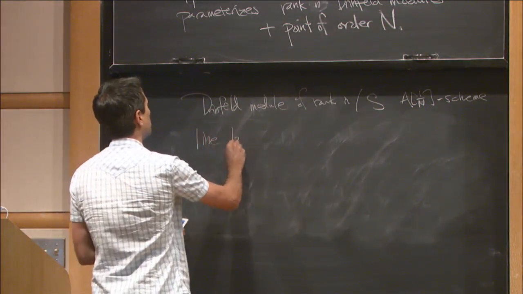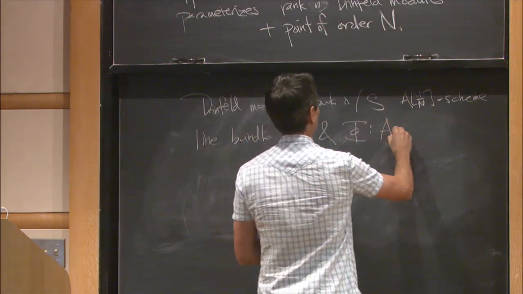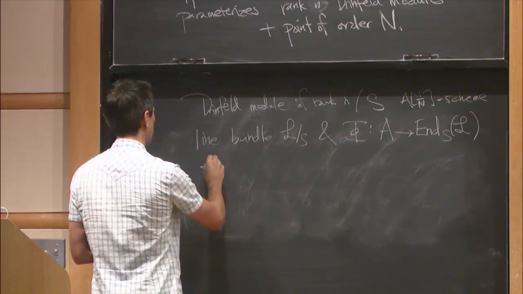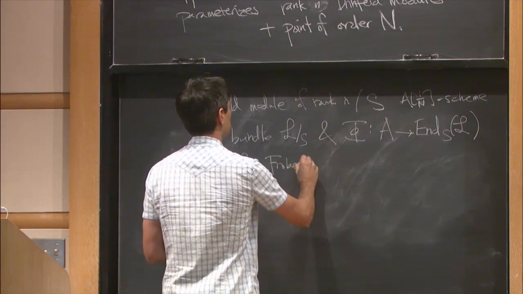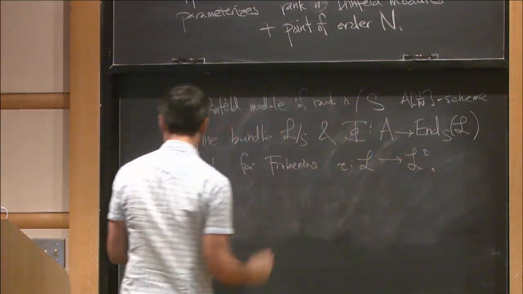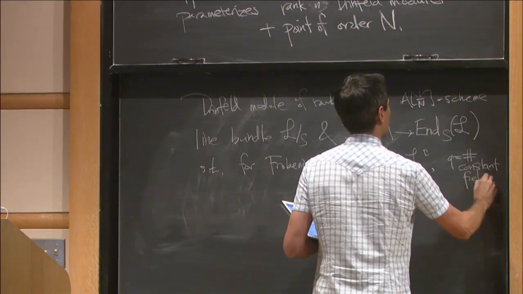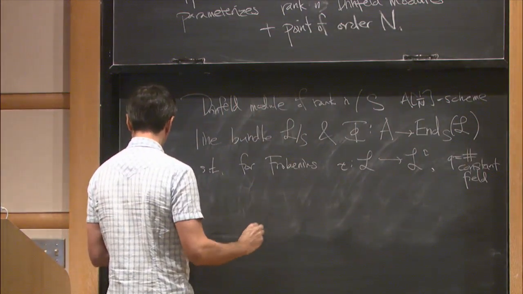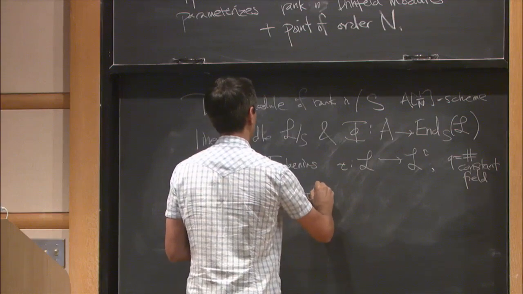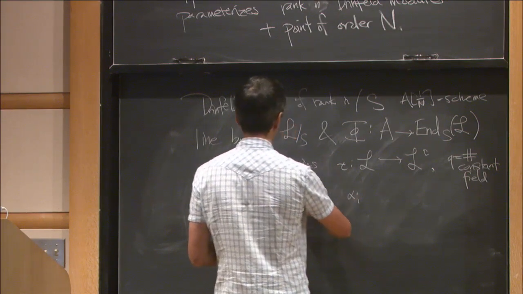So it's a line bundle and a homomorphism from A to the S endomorphisms of L, such that for the Frobenius, which we view as a map from L to L to the Q, where Q is the order of the constant field of F, then phi of a can be expressed as a polynomial, a sum of alpha i tau to the i, where alpha i depends on a.